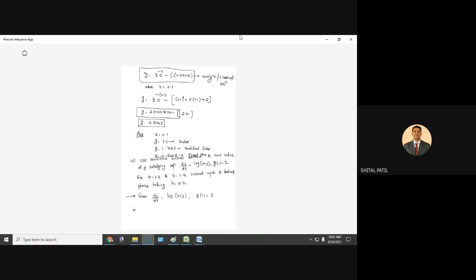I'll write the remaining things on the next page. x naught equal to 1, y naught equal to 2, h equal to 0.2, f of x, y equal to log of x plus y. Okay, let me change the page.